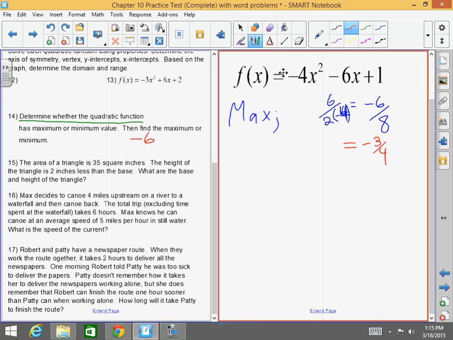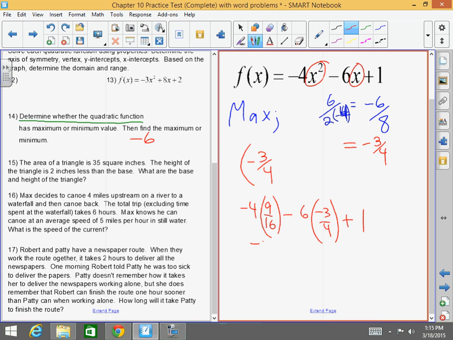Now, guys, negative 3/4, you've got to plug into every x value here. You do have a calculator, but you don't need one. This would be negative 4 times 9/16 minus 6 times negative 3/4 plus 1. Put it into your calculator exactly like that. Don't do it piecemeal.